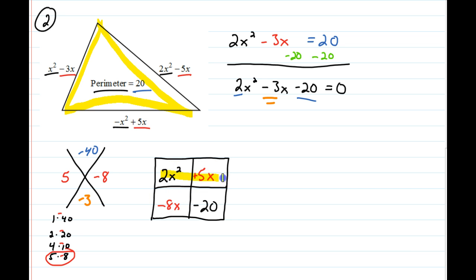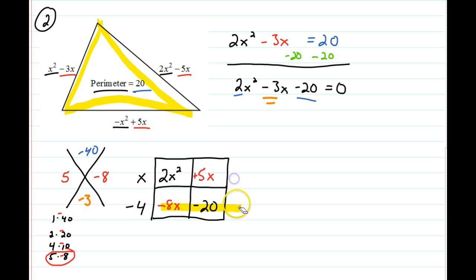Looking left to right, what do 2x squared and 5x have in common? Well, the 2 can't go into the 5, so the only thing that they share is an x. Now here, so when they're both negative, you want to take out a negative. 8 can't go in the 20, so now what's the biggest number that goes into 8 and 20? Be 4.